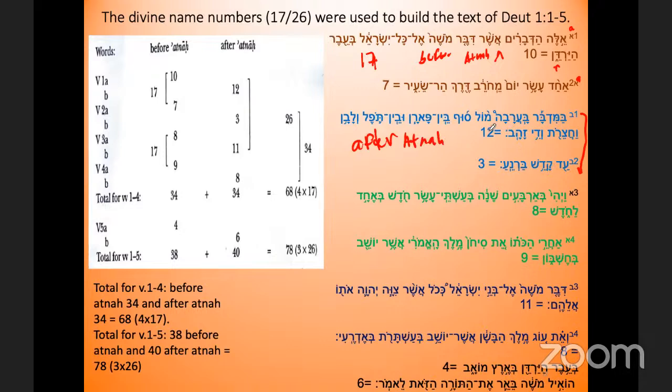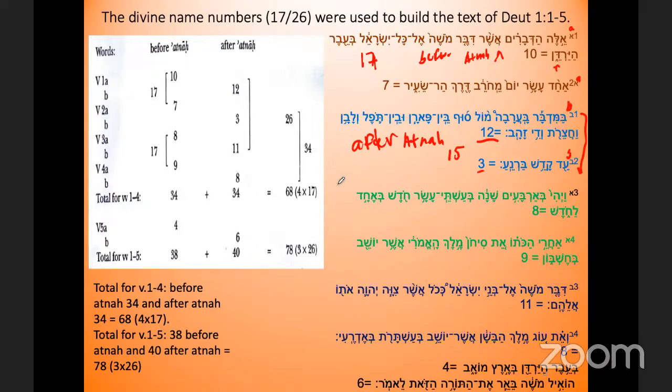Okay, so we have 1b and 2b. So verse 1b and verse 2b. In the first one, you have 12 words, and then in 2b, you have 3 words. So you end up with 15. Okay, so then we go to verse 3. So we have 3a.